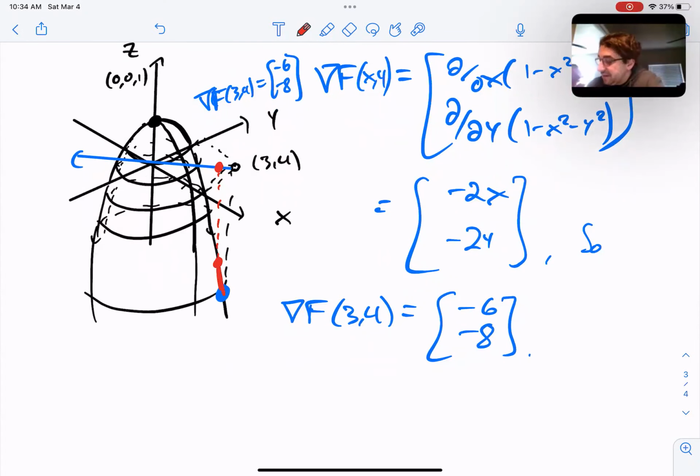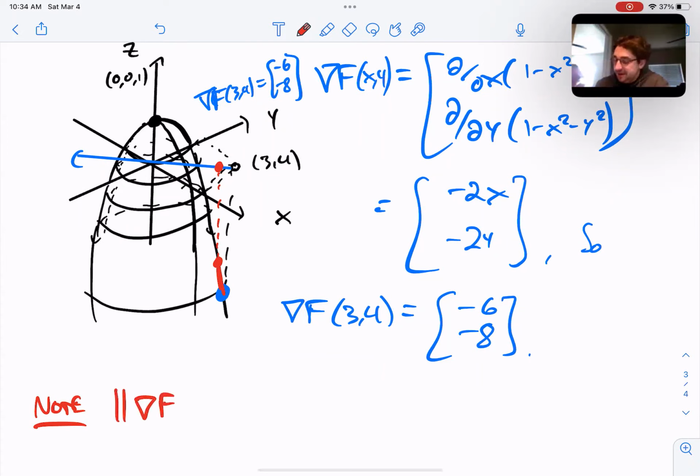One follow-up to this. So note the direction in which the steepest descent occurs is given by the gradient, right? One nice follow-up property about the gradient is that the magnitude of the gradient then gives what that slope is, right?